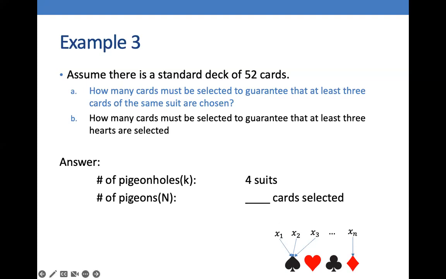And then the number of pigeons will be the number of selections, or the number of cards that will be selected. So what we want to find is this n to guarantee that at least 3 selected cards will point to the same suit. So for example, assuming that the first 3 cards that we select are all spades, or maybe what we want to find is 3 cards that are hearts, etc.